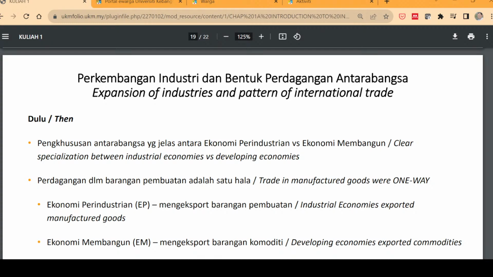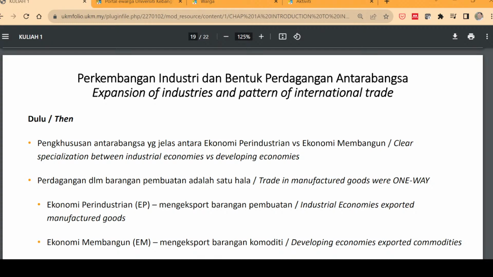But now, the pattern of trade, the manufactured goods, the traffic are now both ways, from developed to developing countries and also from developing to developed countries.